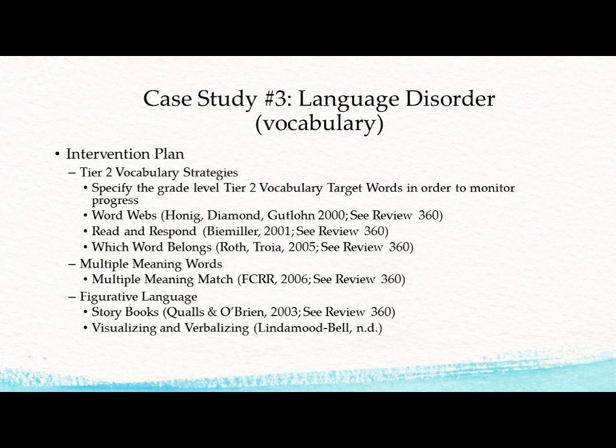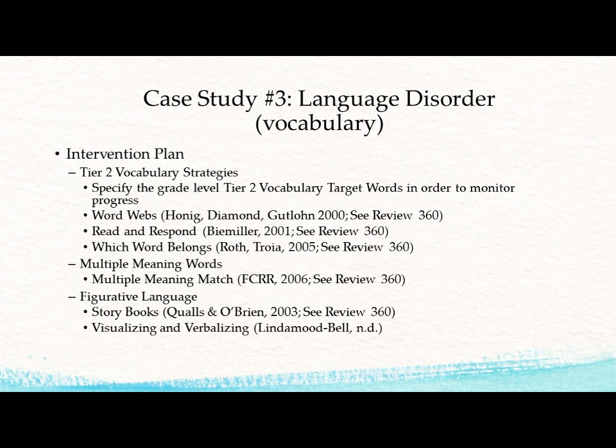Honig, Diamond, and Gutland have recommended word webs to work on vocabulary, read and respond, and which word belongs are 3 examples of strategies that are suggested in the language intervention section under Semantics in Review360.